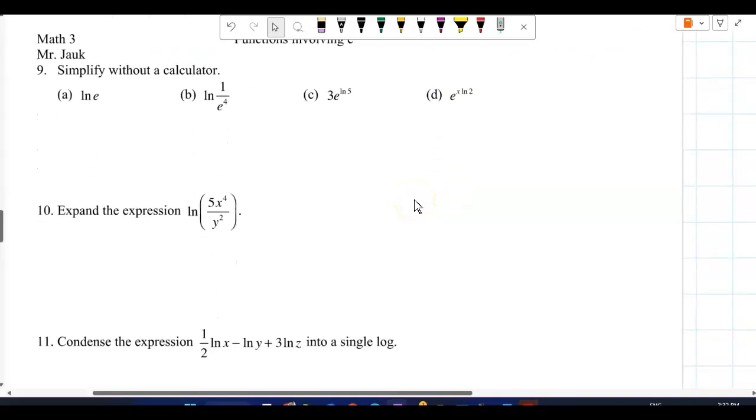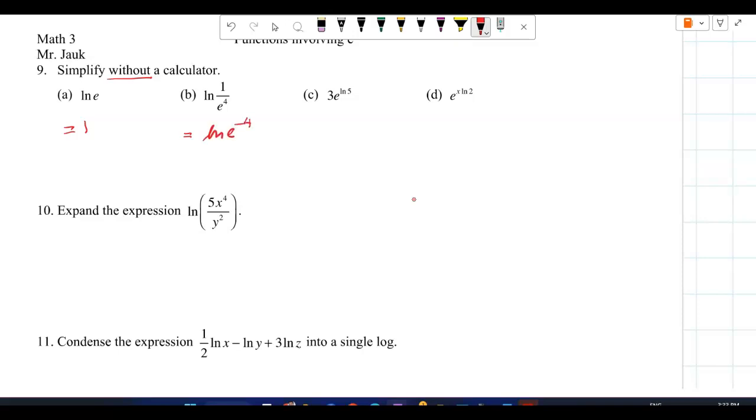Simplify without a calculator. ln e is log e base e, which is 1. Same rules. Next, ln of 1 upon e raised to minus 4.